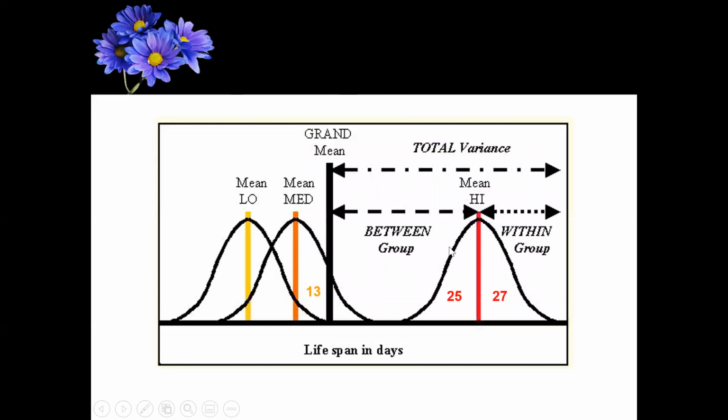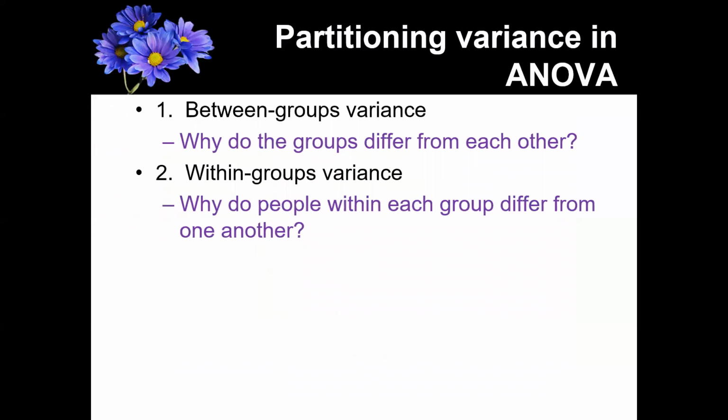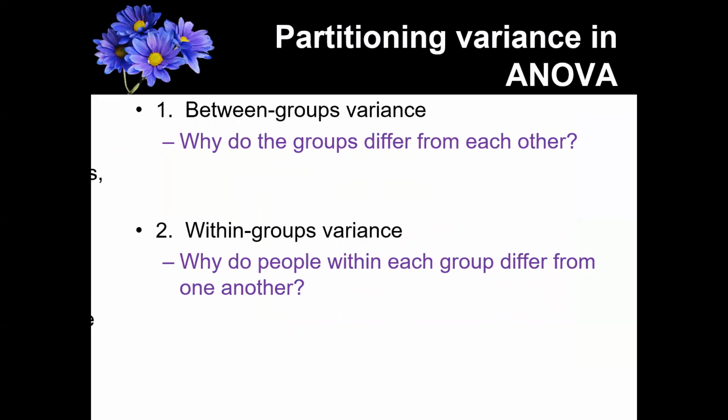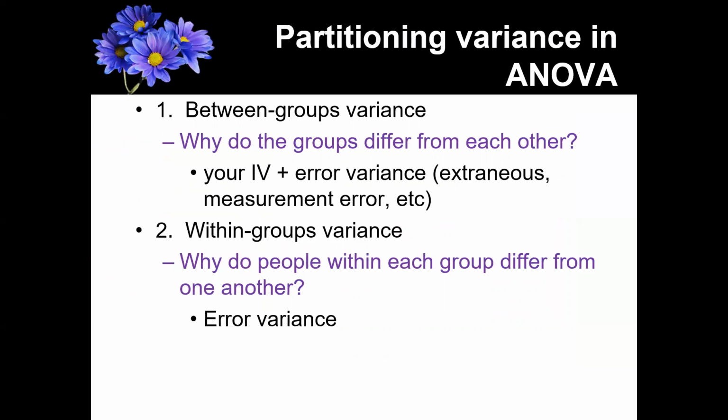So just like in this one, the 25 and the 27 are not going to be different from each other because of treatment differences or independent variables, because they're in the same condition, right? So what that has to reflect then is just error, right? Extraneous variables, measurement error, all that stuff. Just going to be error within the same condition.